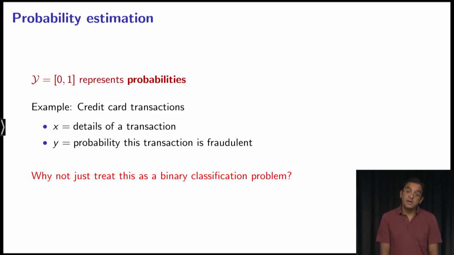Well, it might depend on other factors, like the amount of the transaction. If it's just a small transaction, then maybe it's okay to take the risk. If it's a large transaction, then it should probably be denied. So there are many factors that go into the decision, and in order to assess the risks correctly, it's very useful to have not just a binary prediction, fraudulent or legitimate, but an actual probability value.